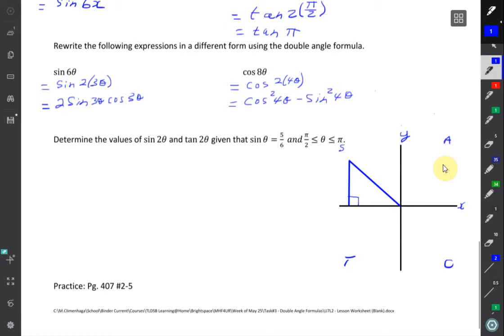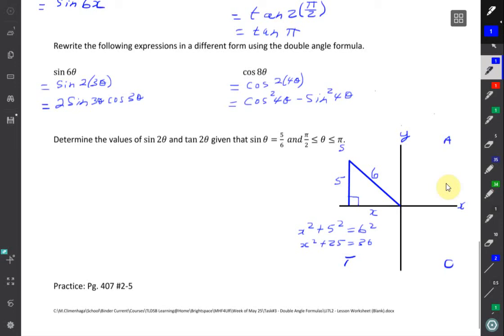The opposite would be 5, and the hypotenuse would be 6. Sine theta is opposite over hypotenuse. In order to be able to write the other trig ratios, we may need this third side, so we'll use Pythagorean's theorem to get that side. Using the xy coordinates, this side would be the x. X squared plus 5 squared is equal to 6 squared. X squared plus 25 is equal to 36.